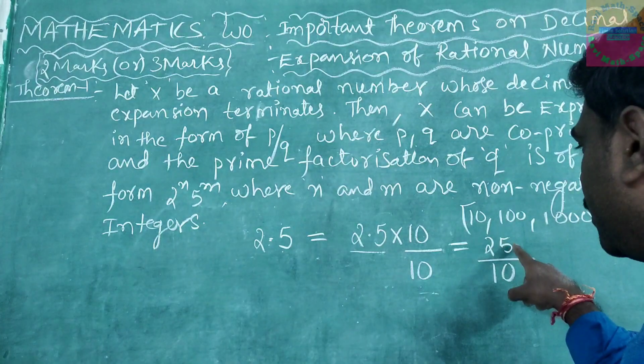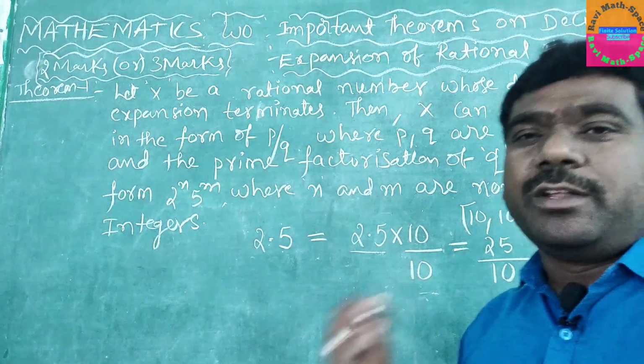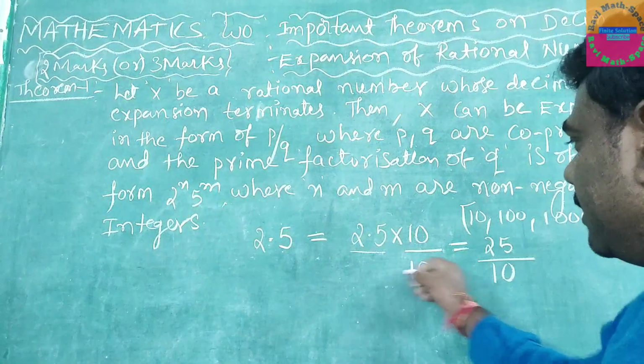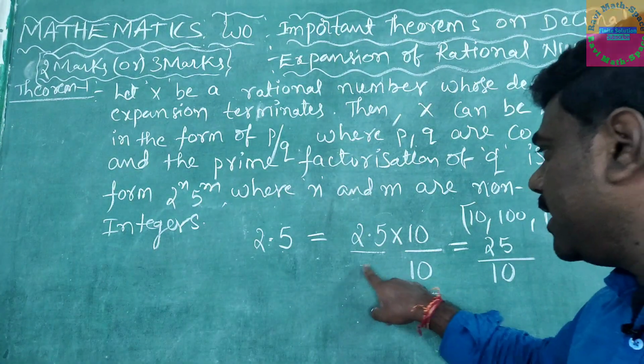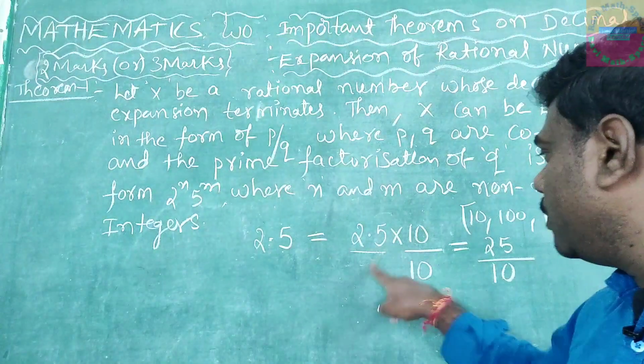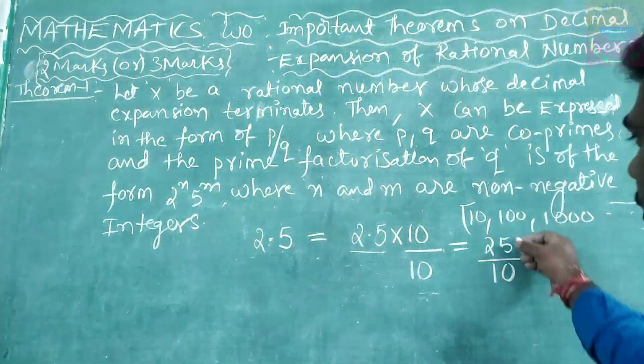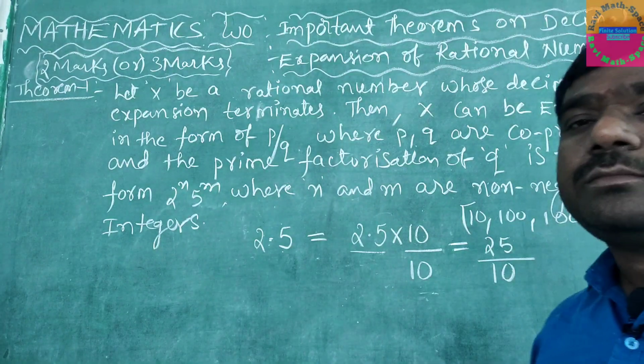So it becomes 25.0, and 25.0 we can write as 25. The denominator is as it is: 10 into 1, which is nothing but 10 only. So 25 by 10.